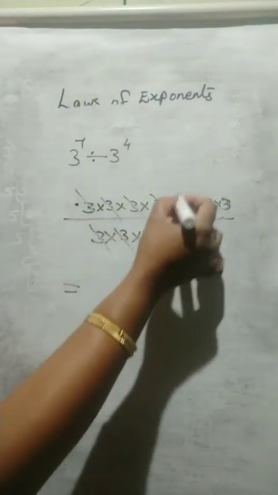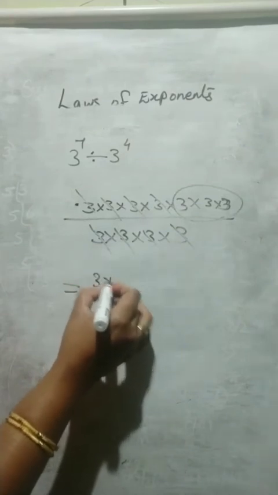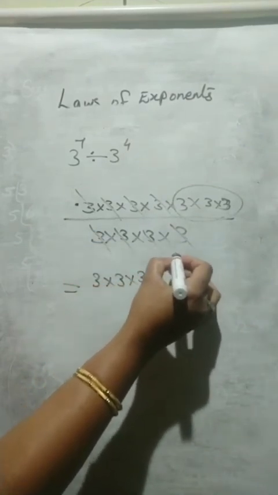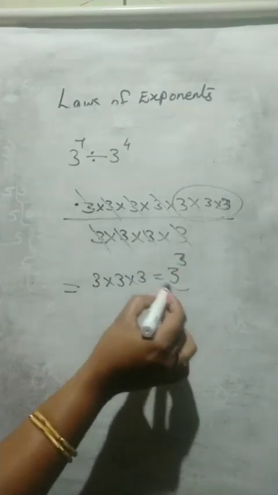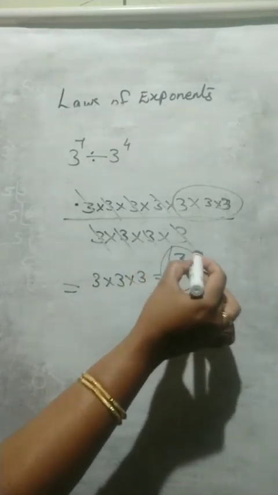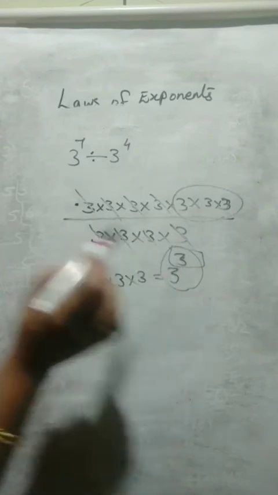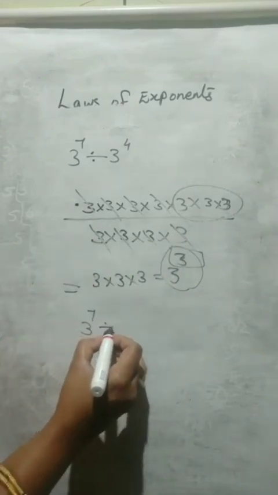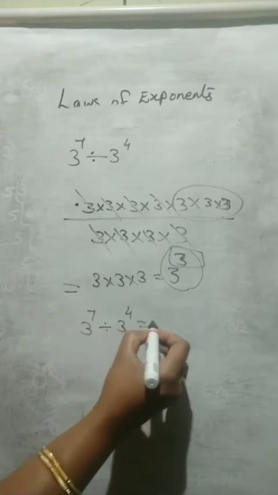Now the remaining is 3 times 3 times 3. That is 3 raised to 3. Then here 3 is the exponent. The base is the same. That is 3 raised to 7 divided by 3 raised to 4 is equal to 3 raised to 3.